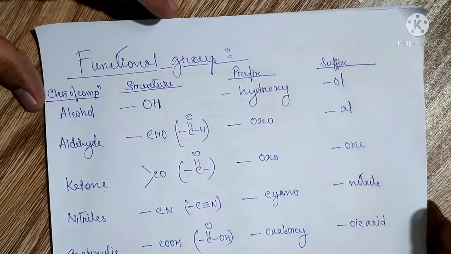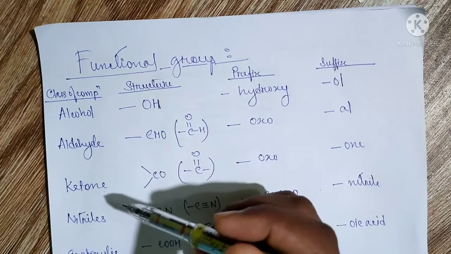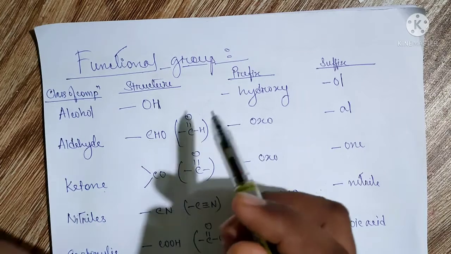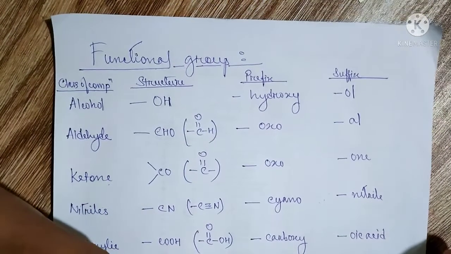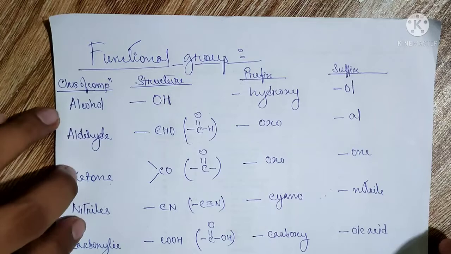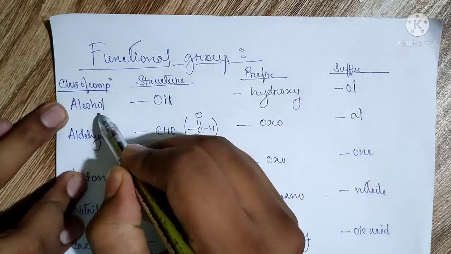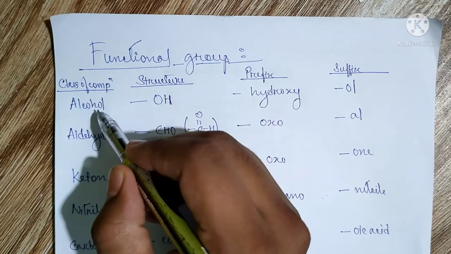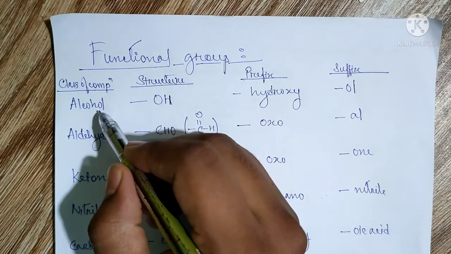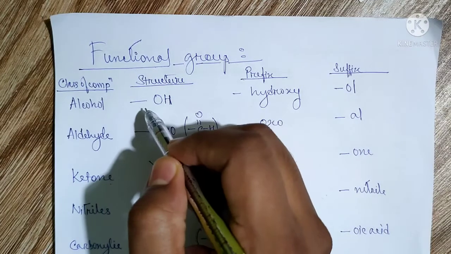First, in this chart, there are some functional groups, and their names, that means the prefixes and suffixes, are written here. So let me discuss. The first kind of functional group and first class of compound is alcohol. The structure of the functional group you all know.